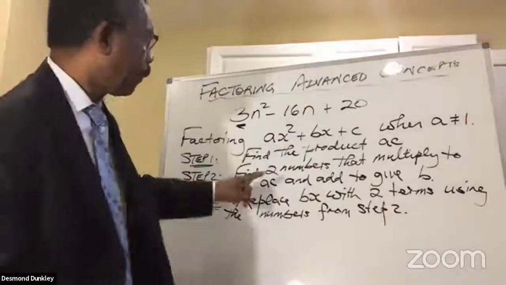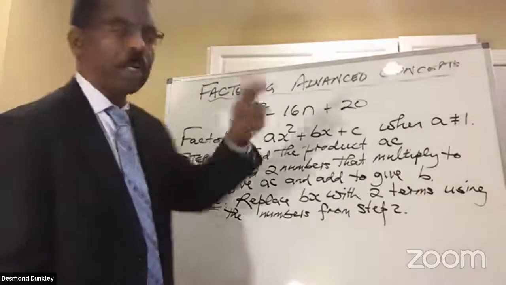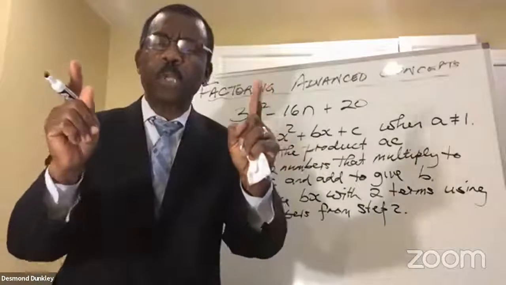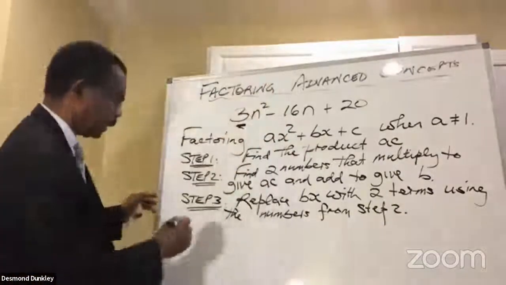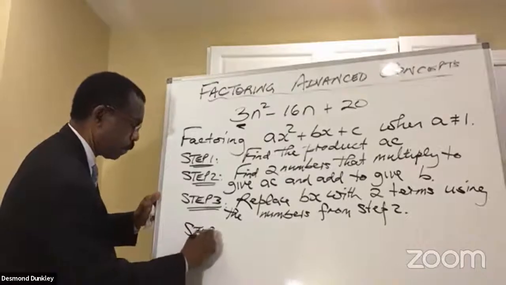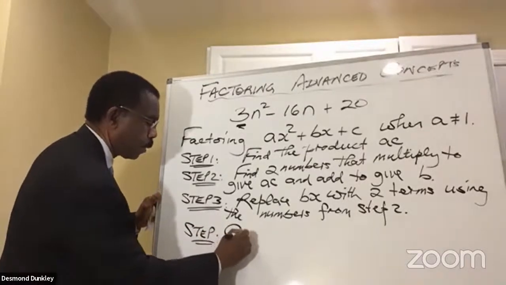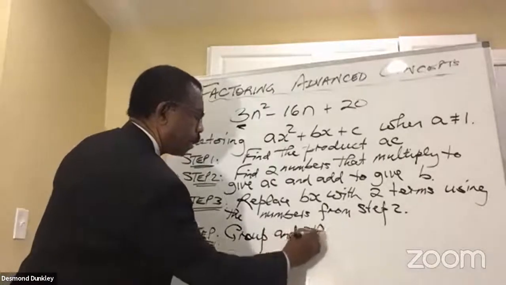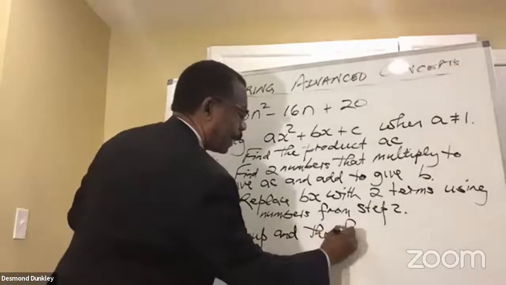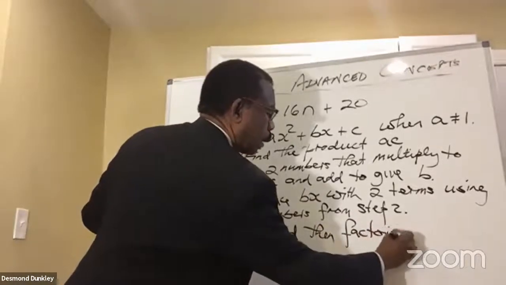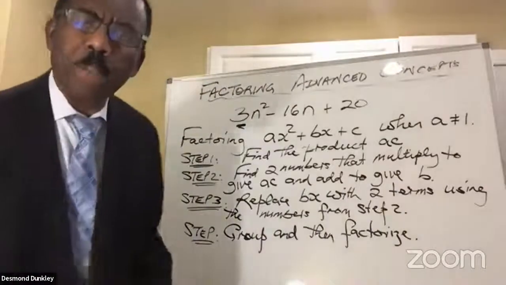The two numbers that we get from step 2, we're going to take those two numbers and replace bx using two terms. And then the last step, step 4: group and then factorize. So those are the 4 steps.